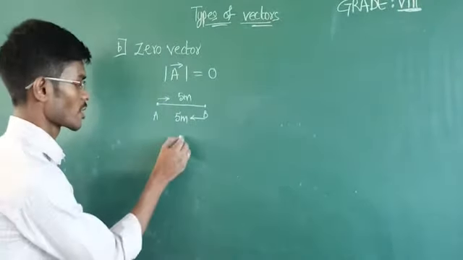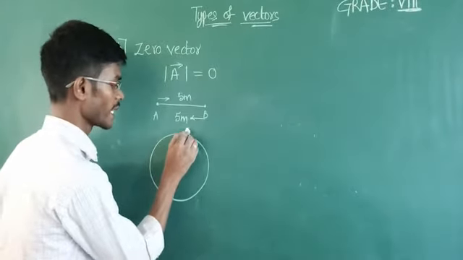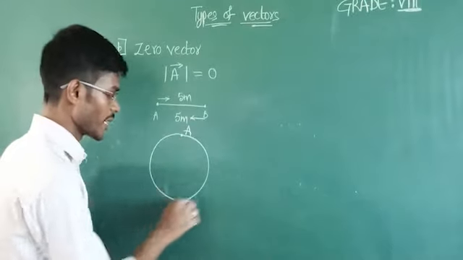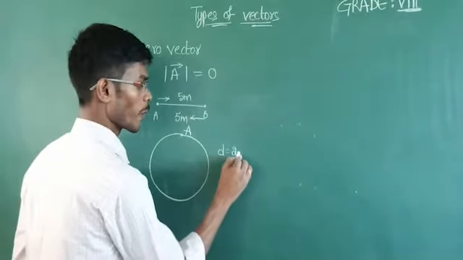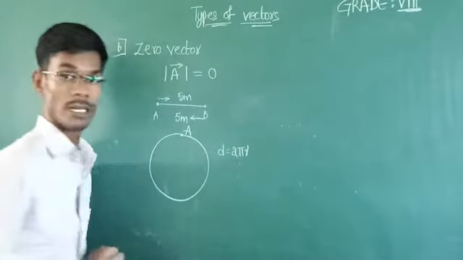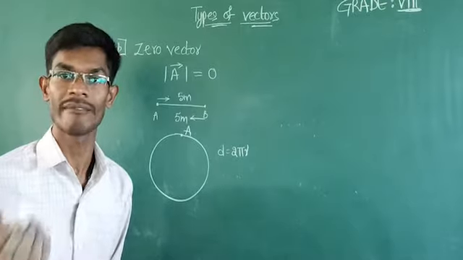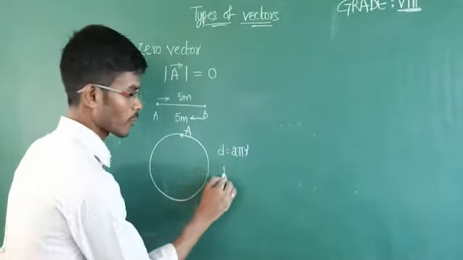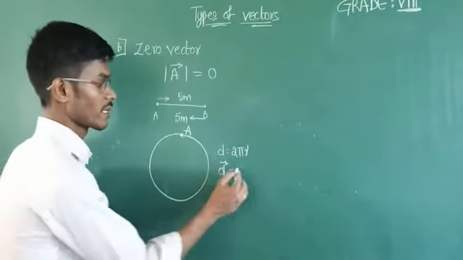Or else, suppose a person is running along a circular path and has started at A. For one complete revolution the distance is equal to 2 pi r. Distance is a scalar quantity which does not have any particular direction. But if you come to the displacement, the displacement traveled by the person is equal to 0.